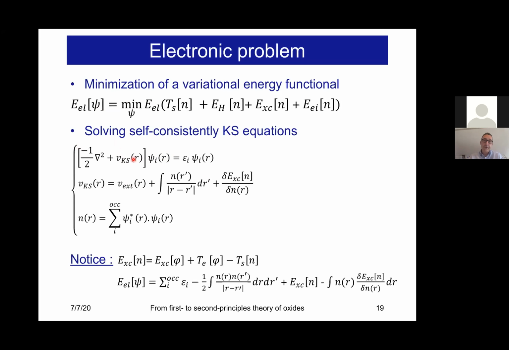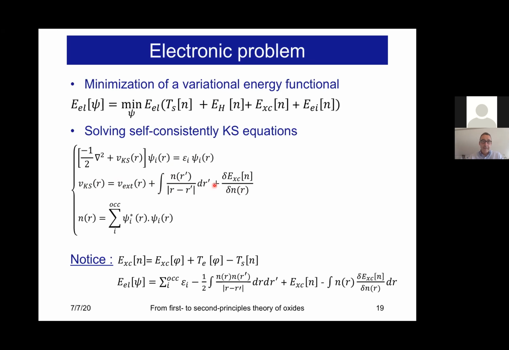It is not only the external potential created by the ions, but a self-consistent potential that includes the external potential created by the ions, and also takes into account the presence of the other electrons through the so-called Hartree and exchange correlation potential.